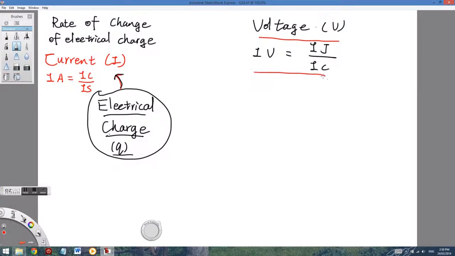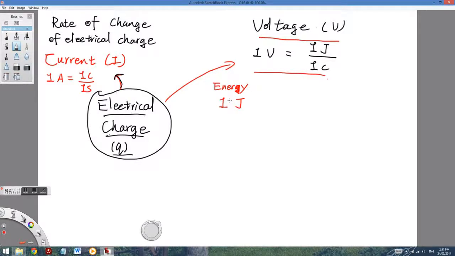I know we are a little confused about the term joule. 1 joule is a measurement of energy, and we will cover it in great detail in second semester.